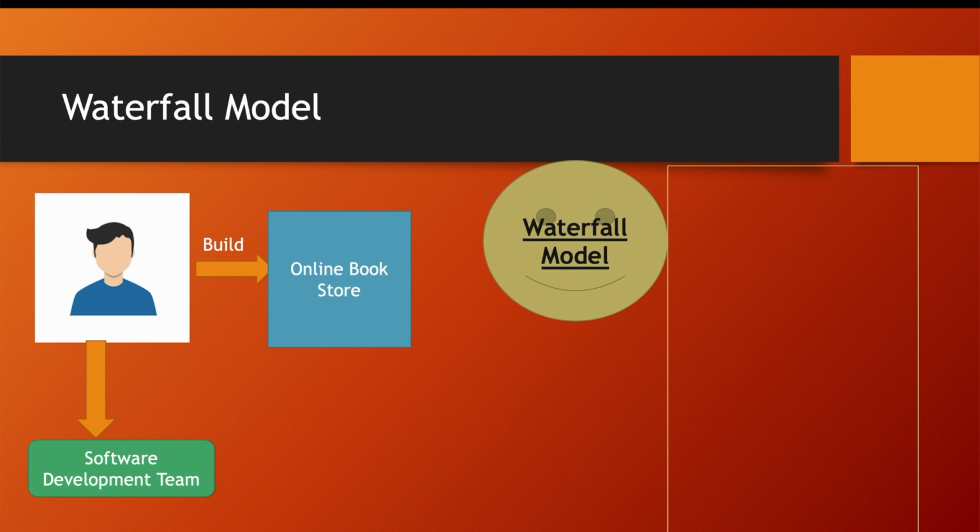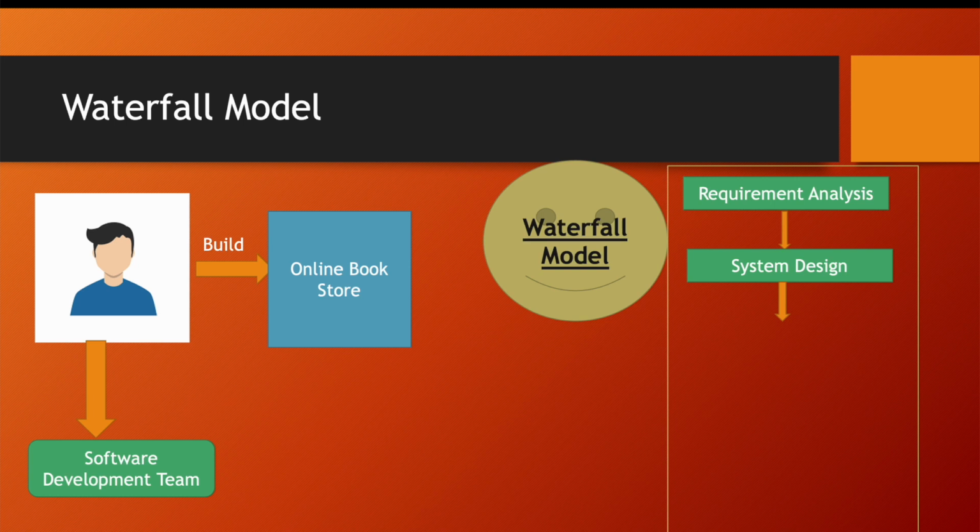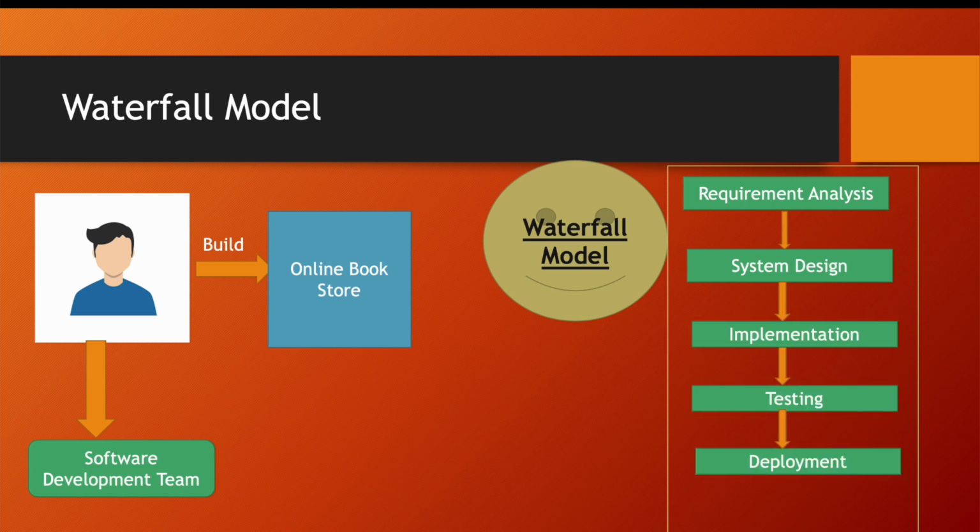Previously, organizations used to follow the waterfall model approach, where the output of one phase is the input to the next phase. Overall in the waterfall model, we have these many phases, and once the previous phase, like the system design phase, is completed, it will move ahead to the implementation phase.